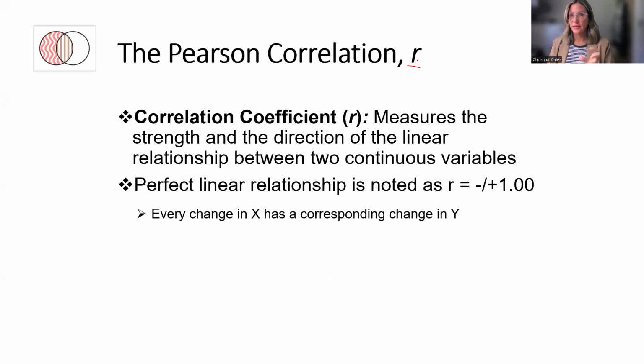It is a known value that people can automatically tell. If you have an r of positive 0.75, that's a pretty strong positive relationship. But if you have an r of -0.2, that's a weak negative relationship. So it just depends on how close it is to 1 or how close it is to 0.